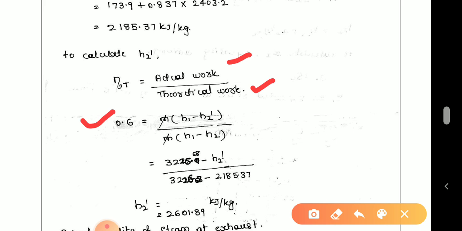Actual work is equal to mass into H1 minus H2 dash, divided by theoretical work, which is mass into H1 minus H2. You can cancel the mass, and H1 is calculated already. Substitute the H1 value, H2 is calculated, substitute. The only unknown is H2 dash. So you will get 2601.89 kilojoule per kg.